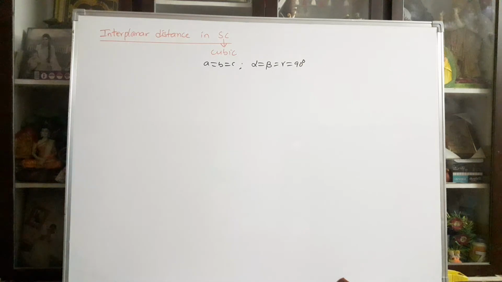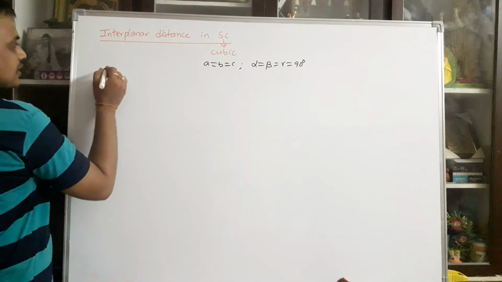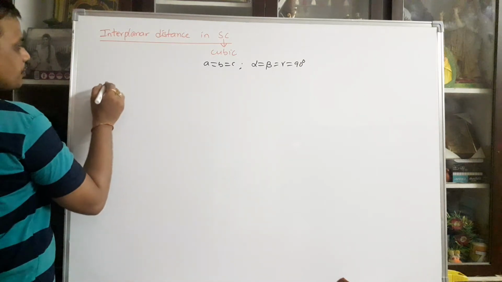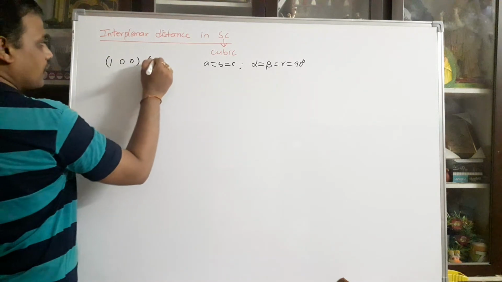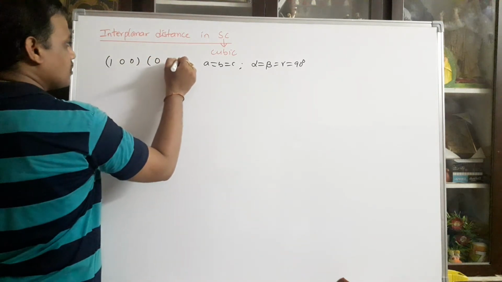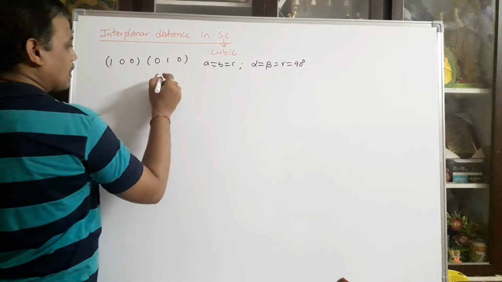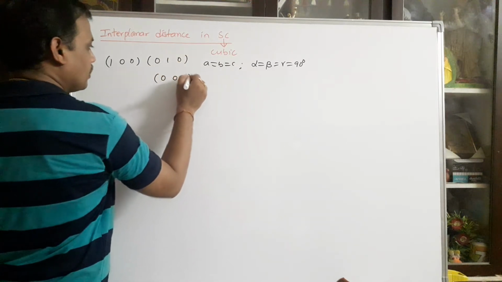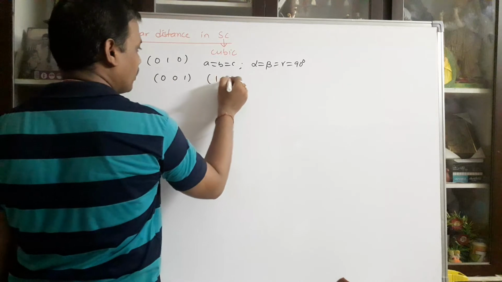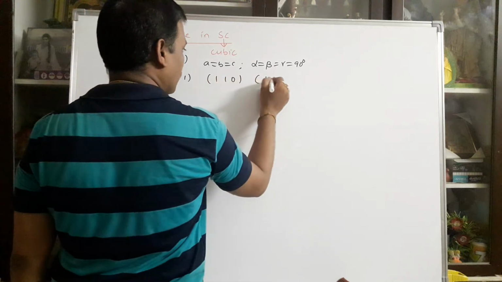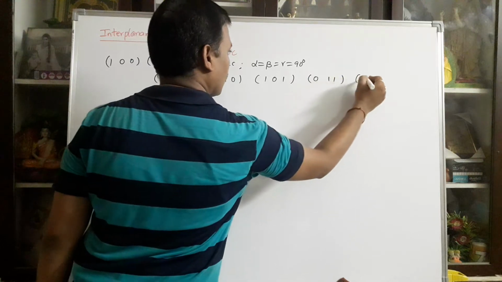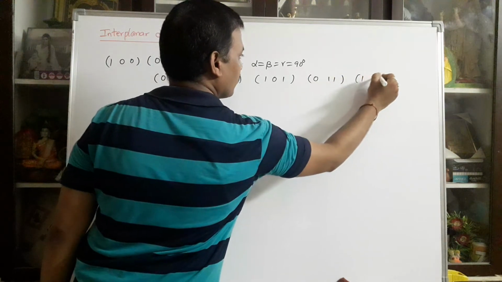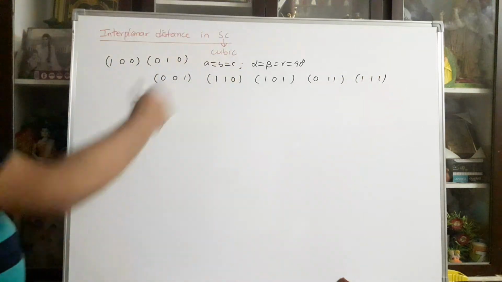So for simple cubic structure, you can draw the lattice planes, suppose 1 0 0, 0 1 0, 0 0 1, 1 1 0, 1 0 1, 0 1 1 and 1 1 1. So these are the lattice planes.